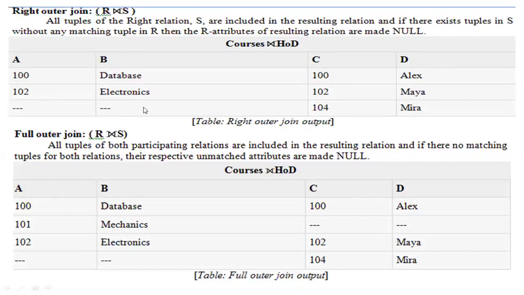The next category is the full outer join, which is very easy to understand. It is just a combination of both conditions, the left outer join and the right outer join.